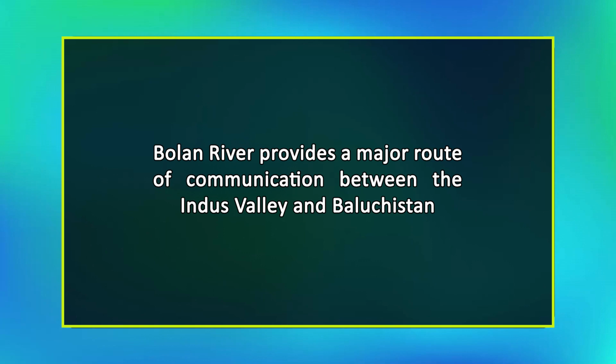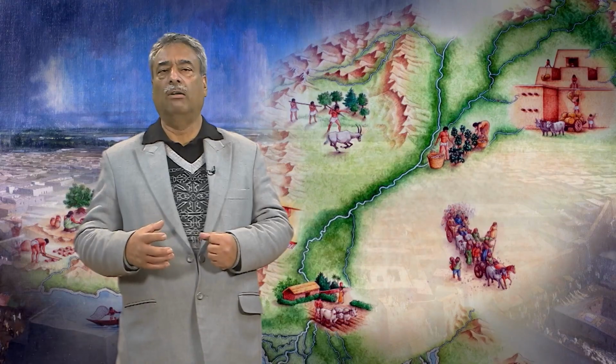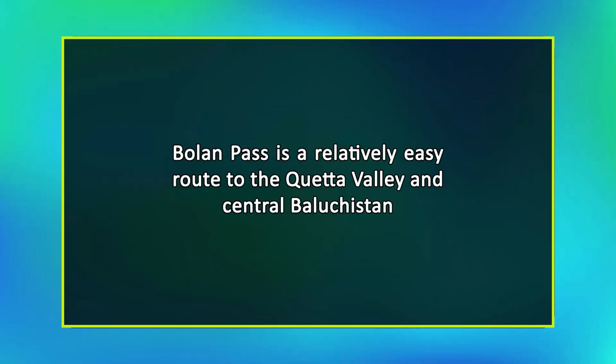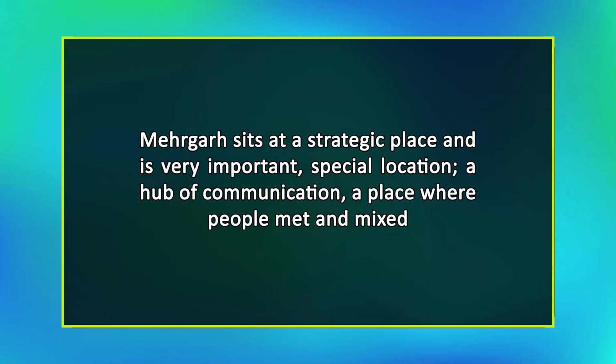The Bolan River provides a major route of communication between the Indus Valley and Balochistan. It's the principal hydrological feature of the Kachi plain today, where it runs along the eastern edge of Mehrgarh. The Bolan Pass is a relatively easy route to the Quetta Valley and central Balochistan.